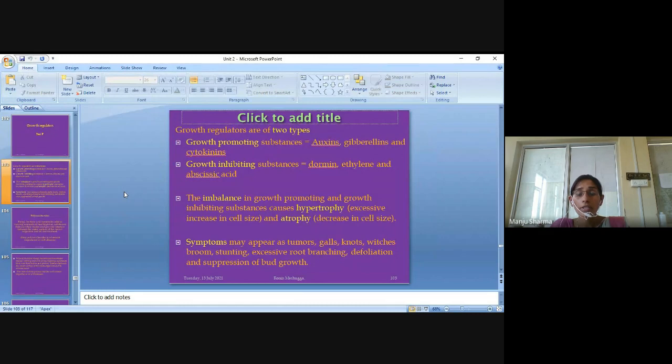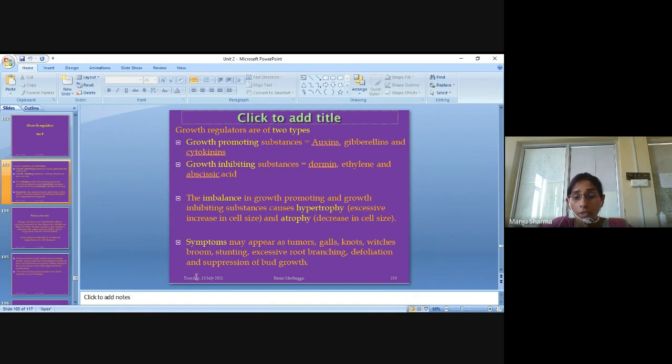Due to the increase in cell size, we can say that there is an imbalance, and that is called hypertrophy; atrophy means a decrease in cell size.